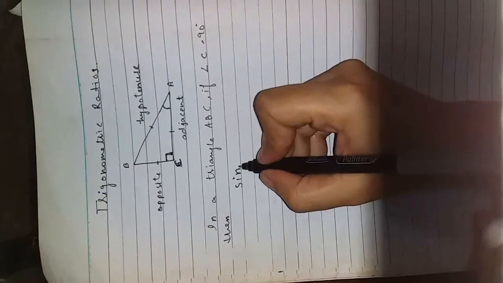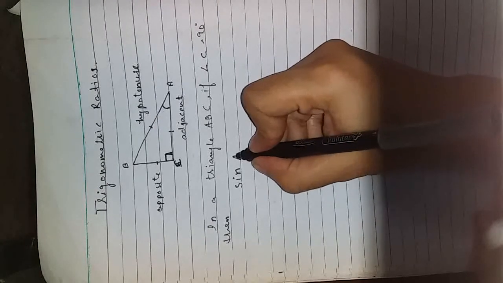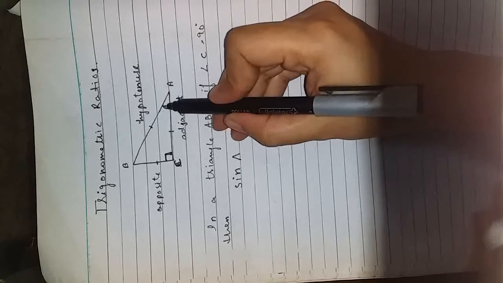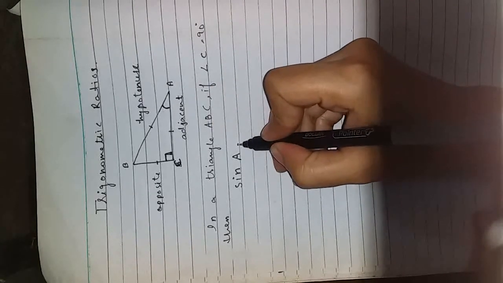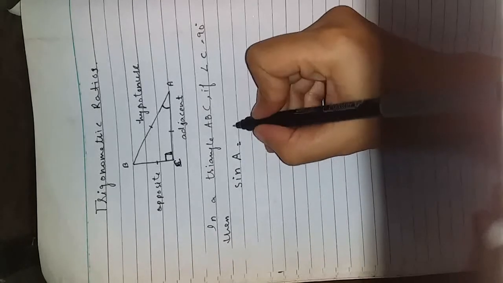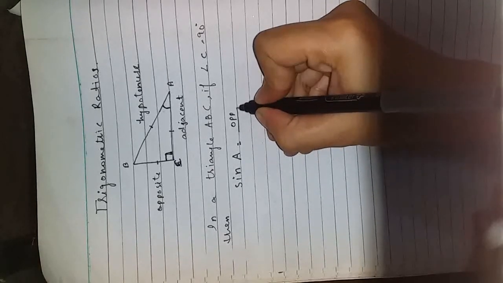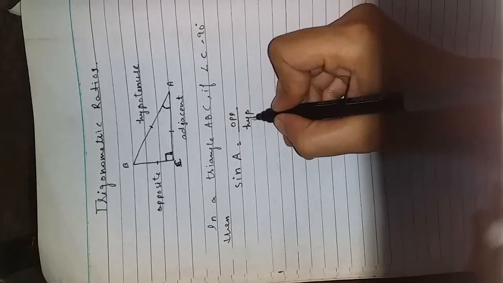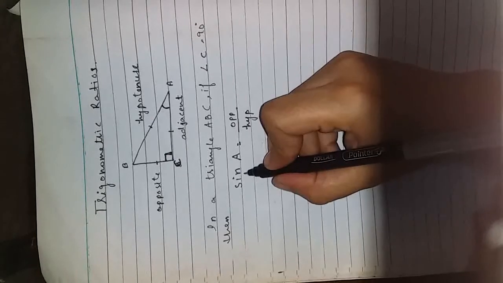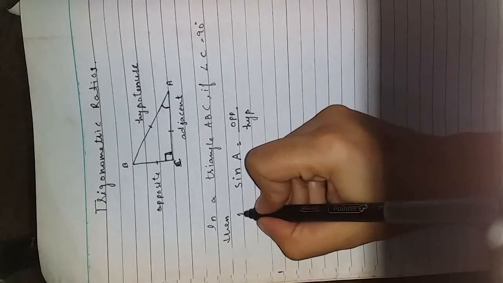First trigonometric ratio is sine A. This is angle A, that's why we call it sine A, equal to opposite divided by hypotenuse. This is the short form. Got it? Sine A equals opposite divided by hypotenuse. This is the first trigonometric ratio.